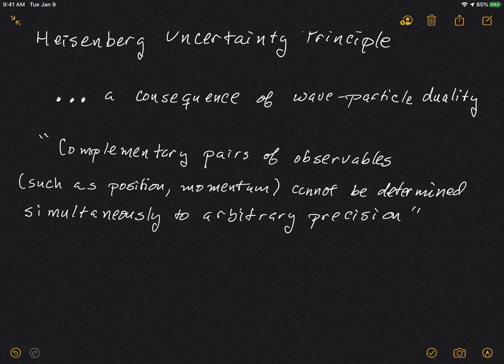Because in everyday thinking, there doesn't seem to be any limitation that once you measure the position of something, you can't determine its momentum to arbitrary precision. Nevertheless, this seems to be the case.